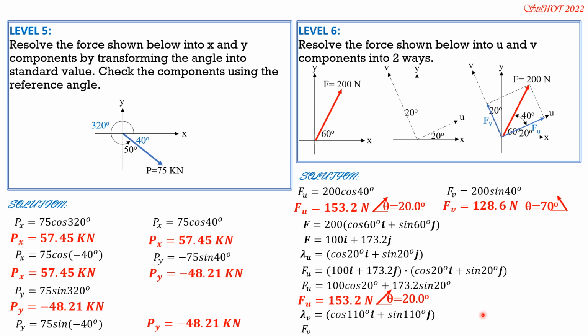Then Fv is quantity 100 i plus 173.2 j dot cosine of 110 degrees i plus sine 110 degrees j. So it is 100 cosine 110, you just use your calculator there, plus 173.2 times sine 110. So the value of Fv is the same as that, 128.6, directed up to the left, theta 70 degrees.